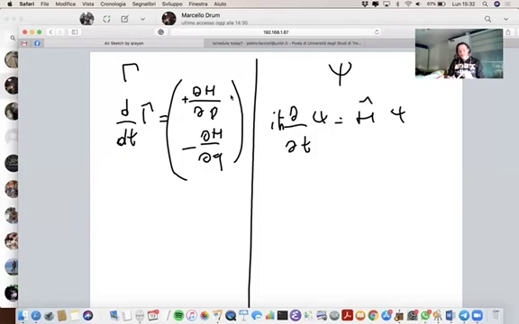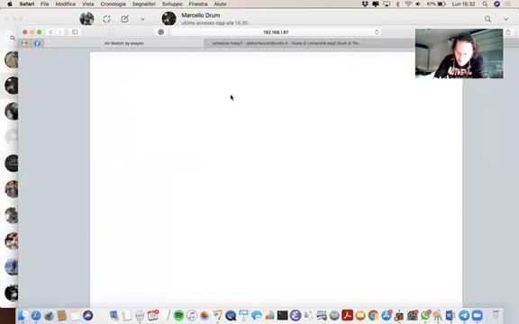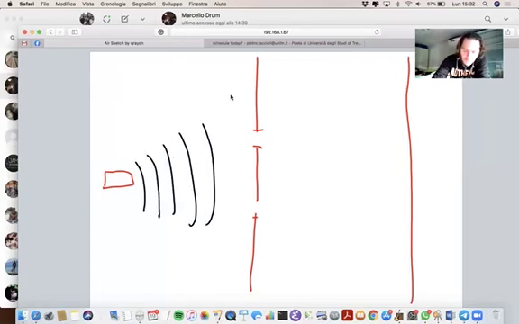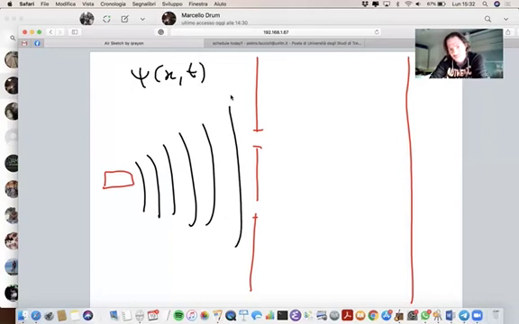So once again, we are ready to go back to the double slit experiment and say, okay, fine, we have our gun, we have our double slit, and we have our board. The gun emits electrons, and electrons are described by waves with an amplitude psi of x and t. The way this amplitude of waves propagates in space is well described by the Schrodinger equation.